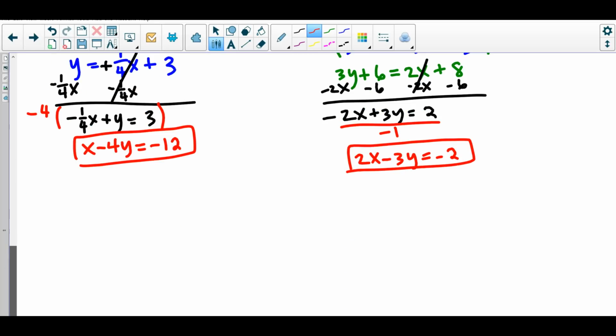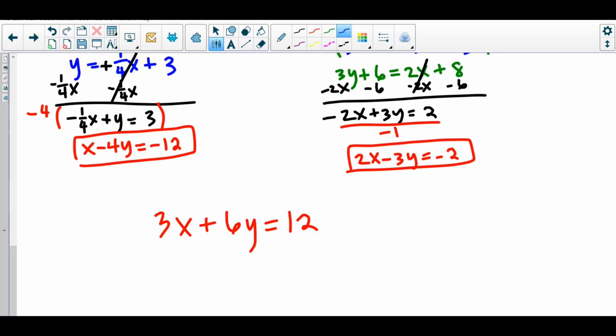Okay, there's just one other quick thing I want to show you. So when I talked about equations being relatively prime, this would be an example where that's not the case. Okay, 3, 6, and 12 all have a factor of 3 in common. So even though, yes, this in some math textbooks would be acceptable for standard form, we want the best answer.